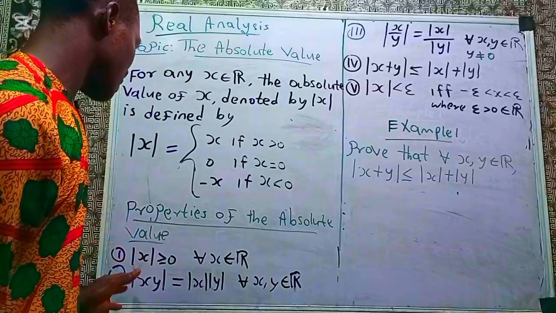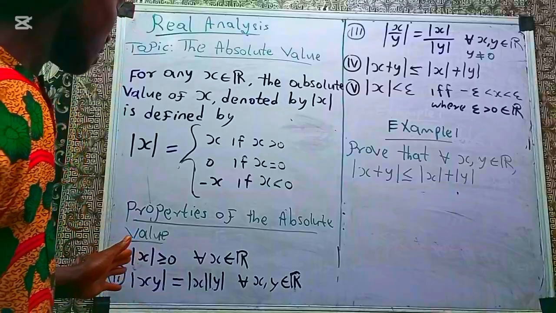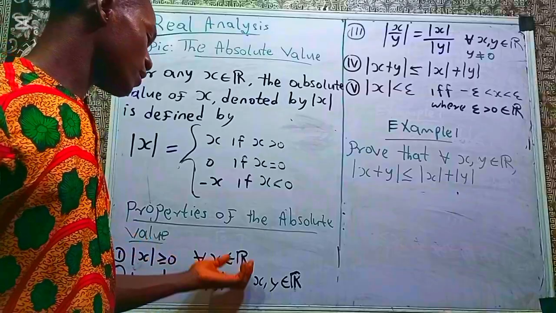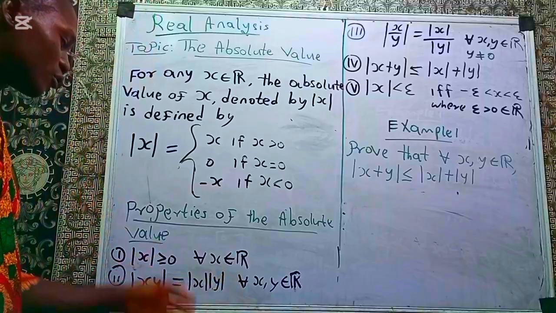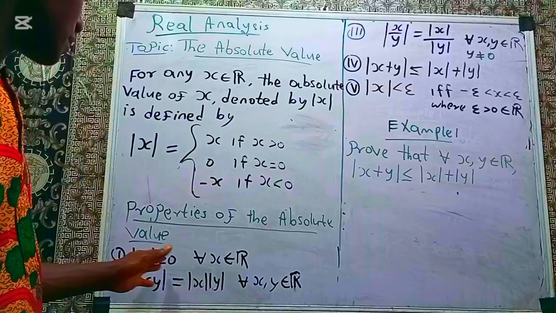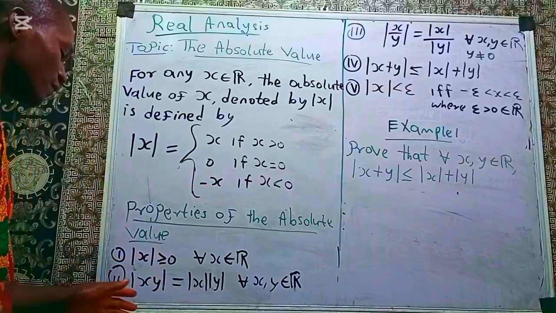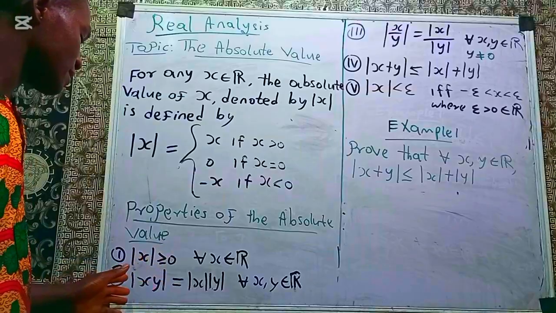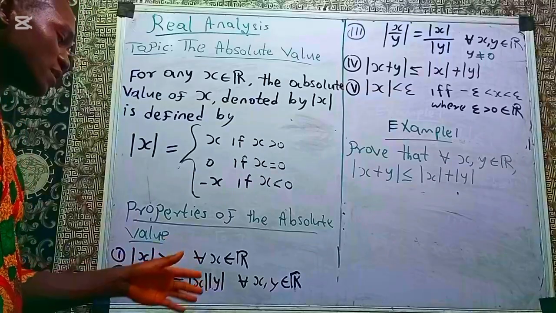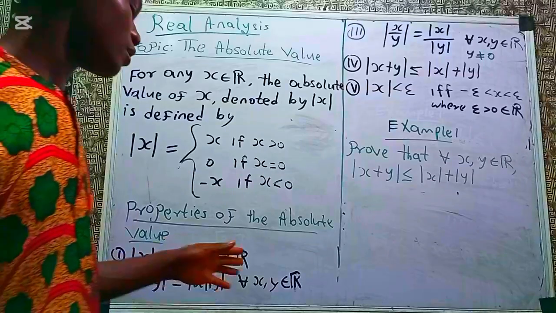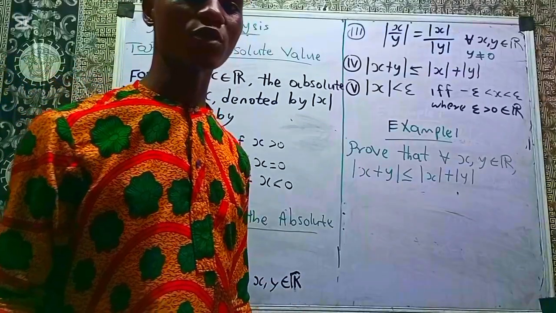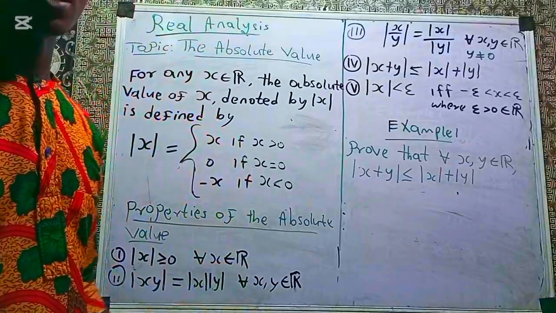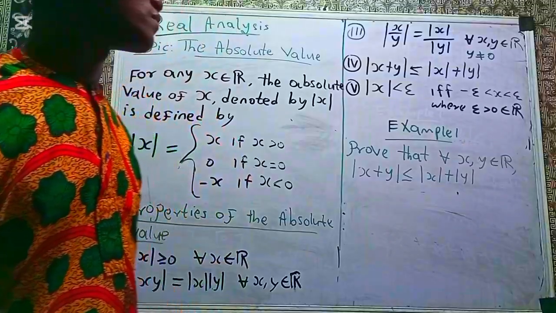The first property is that the absolute value of x will be greater than or equal to 0 for all x elements of real numbers. Just from what I said, the absolute value of any real number will always be positive. Then the absolute value of xy will be equal to the absolute value of x multiplied by the absolute value of y for all x, y elements of real numbers, which tells us that the absolute value of the product of any two real numbers will be the product of their individual absolute values.